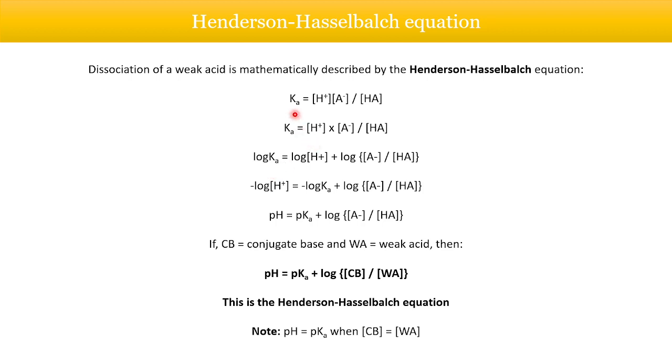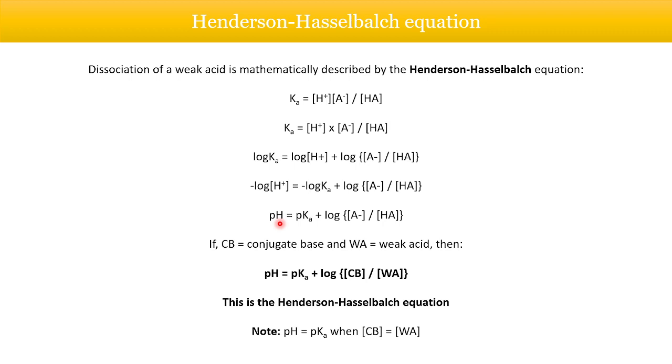As of now it stands as K equals hydrogen ion concentration times conjugate base ion concentration divided by the acid concentration. When we take log on both sides and rearrange, we get pH equals pKa plus log of the conjugate base ion concentration divided by the acid concentration.